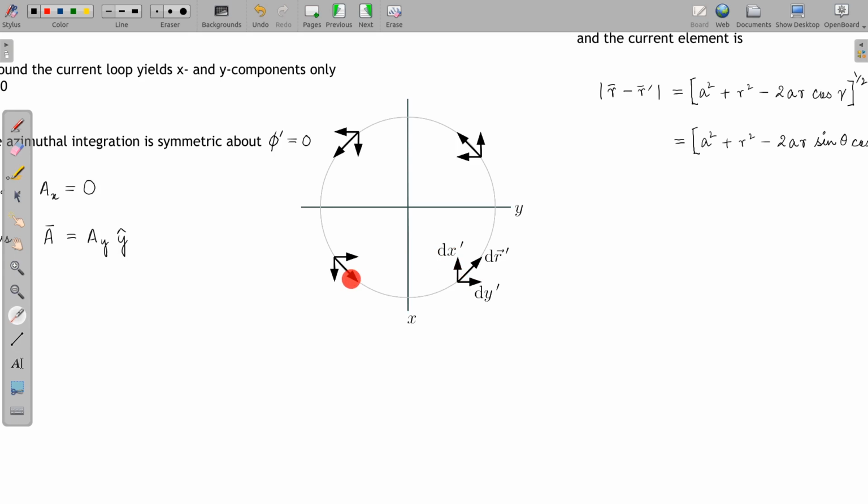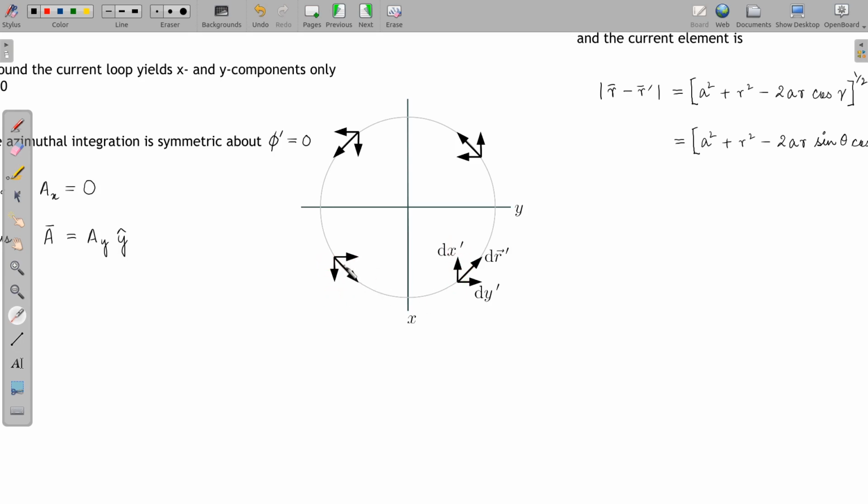Corresponding to this, on the other side, let's take another current element. Here again we have dy prime and dx prime. You can see the dx prime here is along the negative x direction, and the dx prime there is along the positive x direction. So when you add up these two contributions, they will cancel out, since the dx prime are negatives of each other.